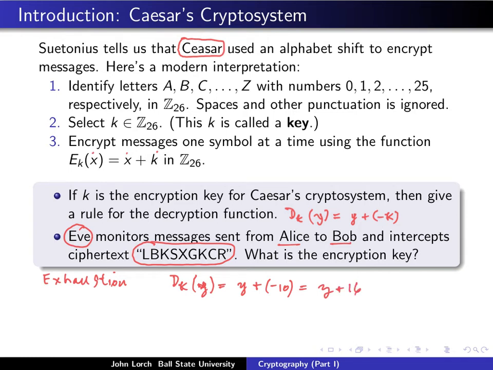Okay, so that means that the encryption key, right? This is minus k here, and so that means that the value of k, the encryption key, is equal to 10.